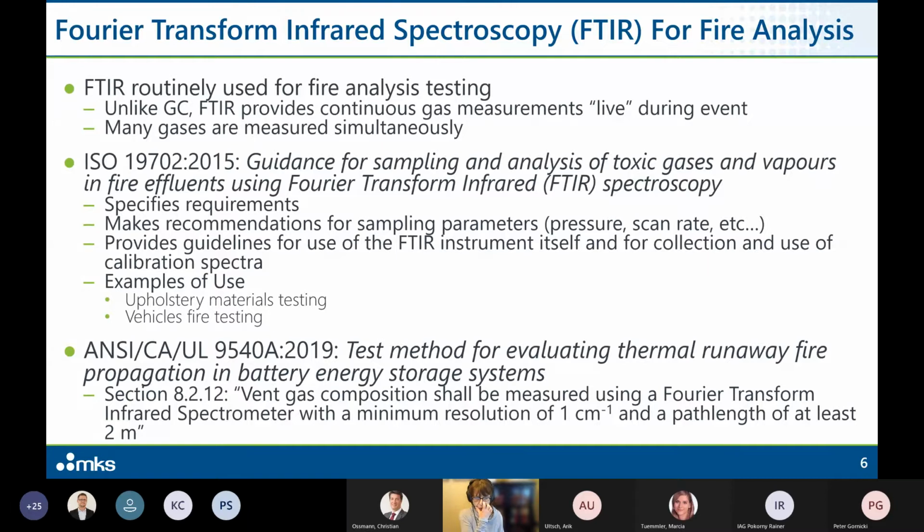And there is also an NFPA UL test method used to evaluate thermal runaway in batteries, specifically for battery energy storage systems, where they request the use of FTIR with a minimum resolution and a path length of at least 2 meters, both requirements that we easily meet with the MultiGas FTIR from MKS.